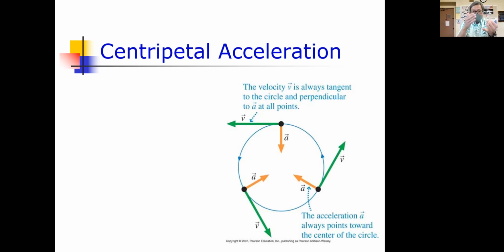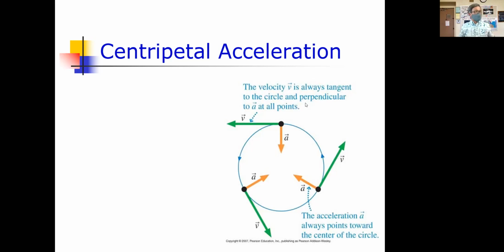An object spinning in a circle is constantly accelerating, even if its speed is constant. Why? It's changing direction constantly. At any point, it's always changing its direction. As a result of that, the object is undergoing acceleration.